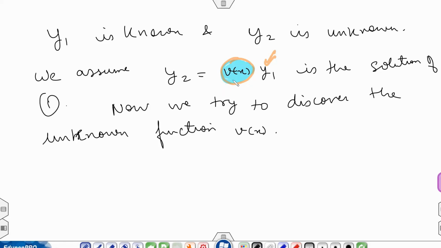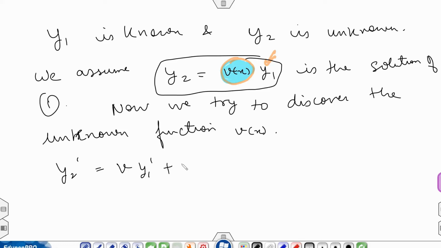So we differentiate y2 two times. If I differentiate y2 once, since these both are functions of x, first I'll differentiate this y1 and then I'll have this one. And if I differentiate a second time, finally I'll get this.